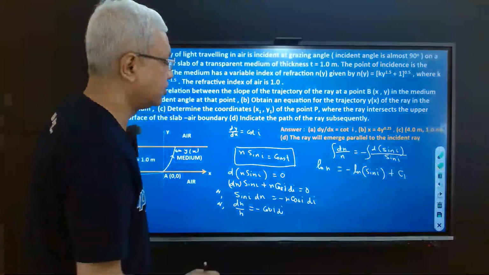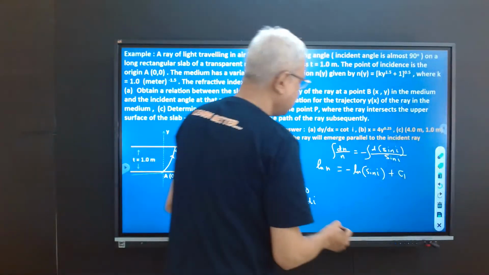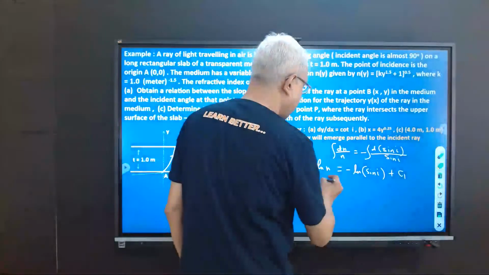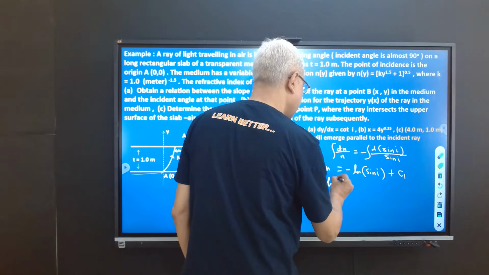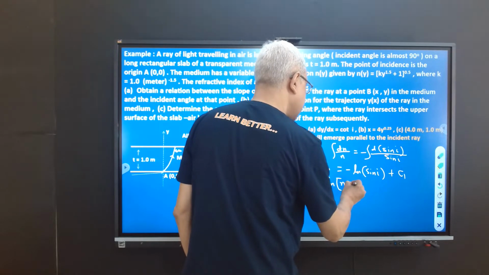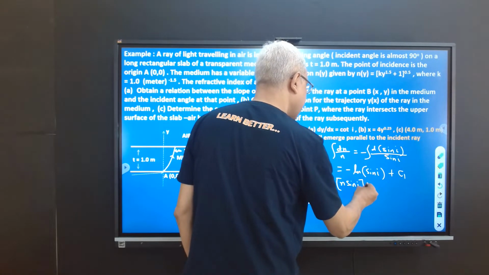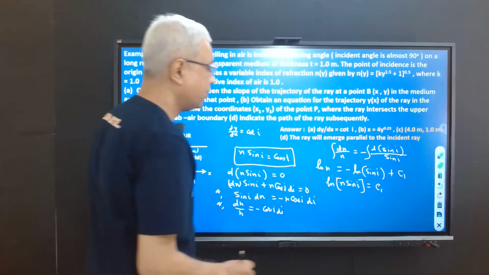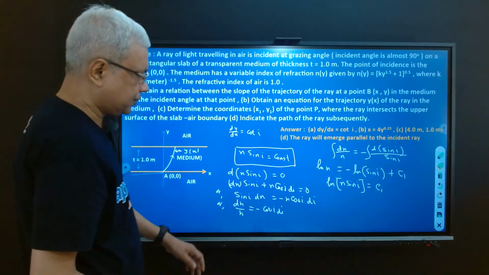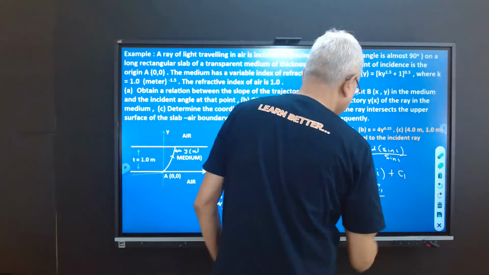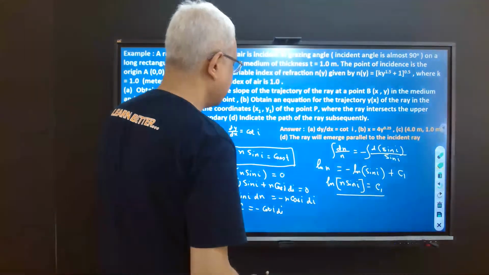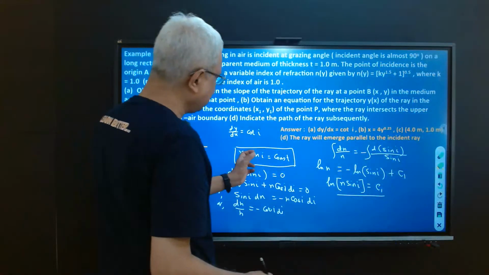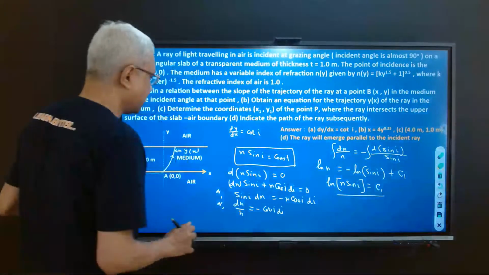Okay, so if I bring this negative ln sin I to the left hand side, then it becomes ln n sin I is equal to C1. So n sin I, ln n sin I equal to C1. Now that is basically n sin I is equal to constant.